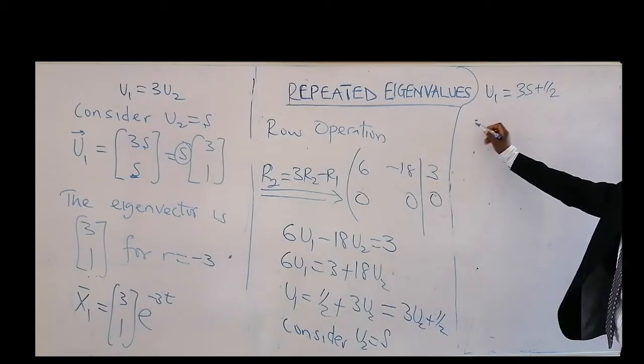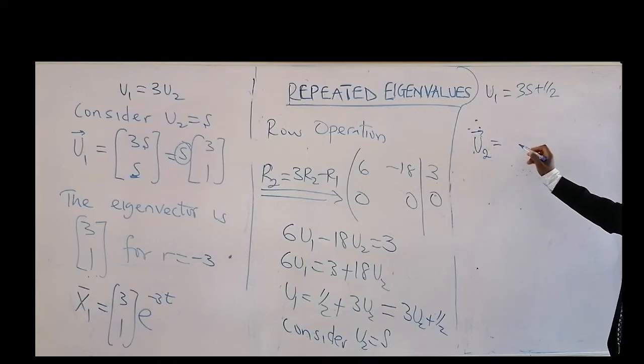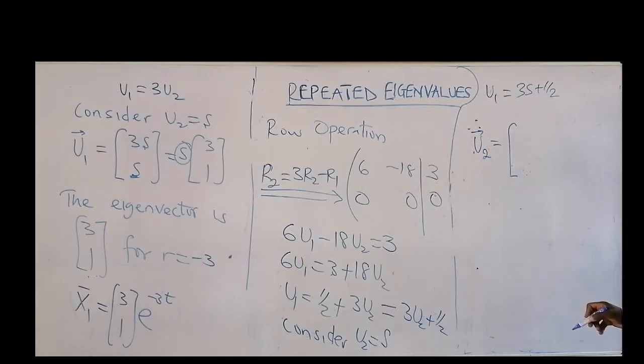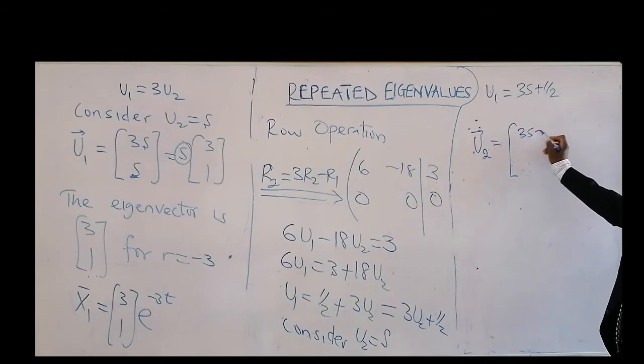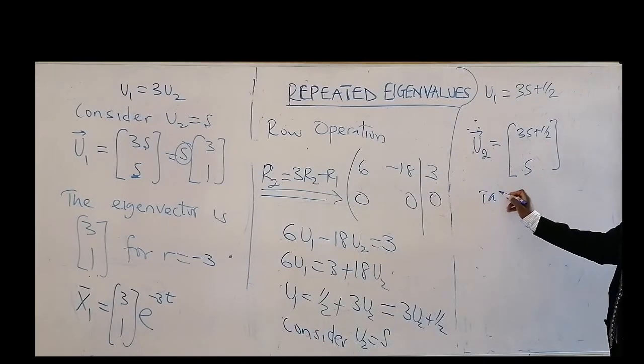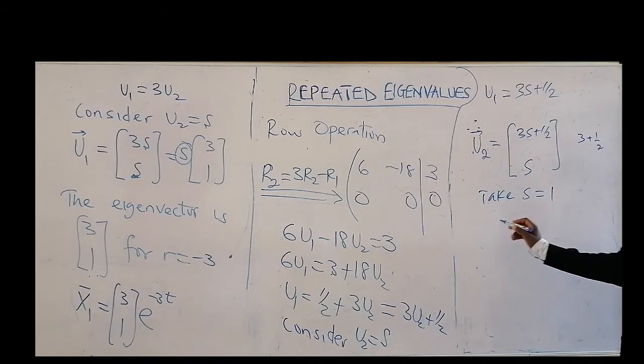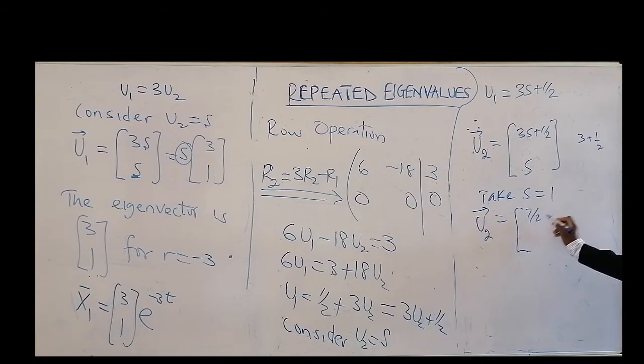Therefore the second eigenvector will be u1 is 3x plus half, then u2 is x. Take x to be 1. If you do that, then you have 3 plus 1 over 2, and that will be 7 over 2. So the second eigenvector will be 7 over 2, and then 1.